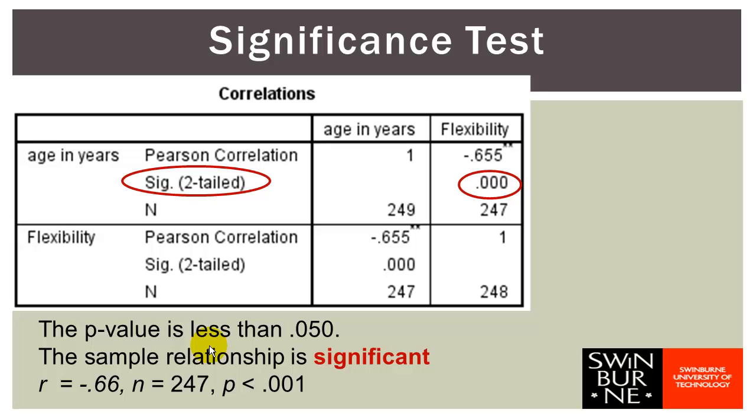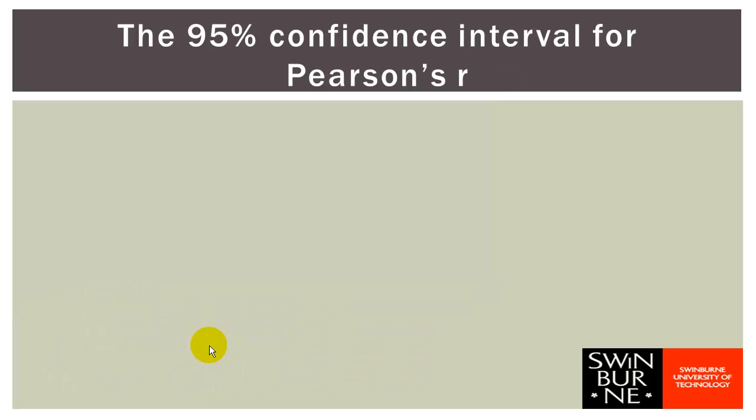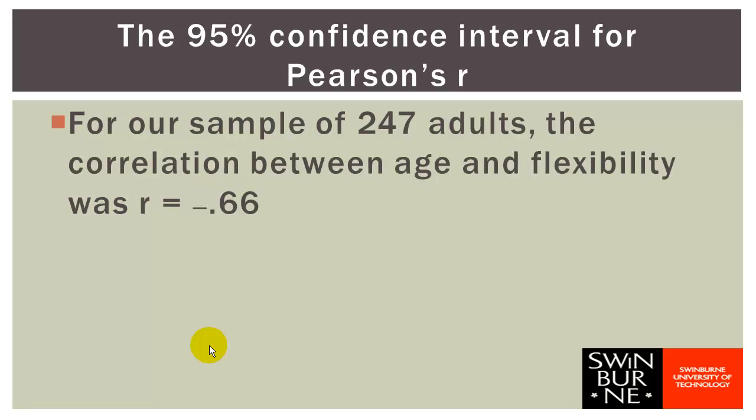And it's those 247 people that we used in the calculation of Pearson's R. So that's why we choose that particular sample size when we report Pearson's R. So once again, those three figures that we're quoting to support our conclusion, all three figures come from the same cell in the output.